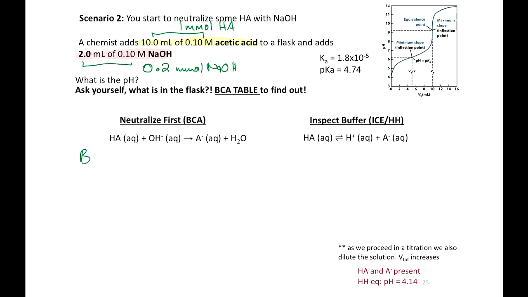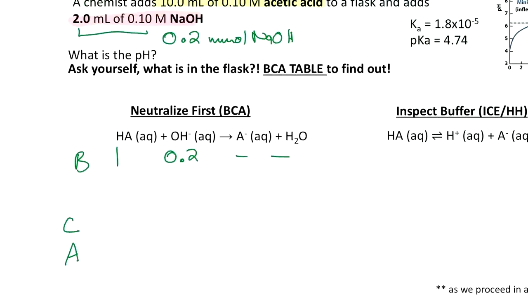So BCA: 1 millimole of HA, 0.2 millimoles of hydroxide, none of that. So when these things react, which one's my limiting reactant? Hydroxide or weak acid? Hydroxide, so it's minus 0.2, but it's also plus 0.2. And again, I don't care about water.